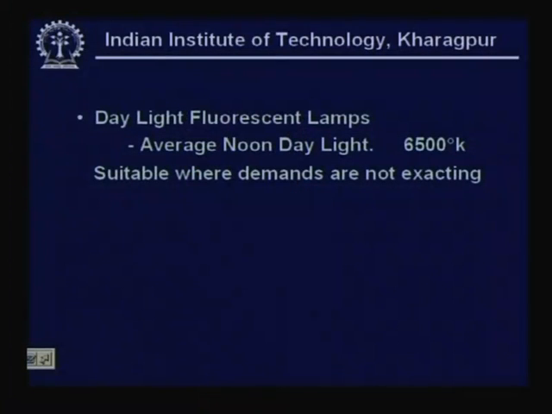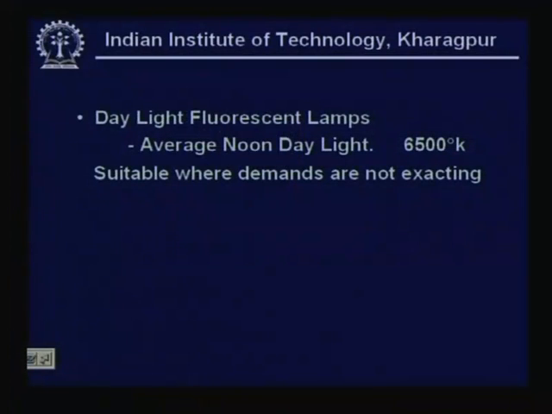Keeping this in mind, fluorescent lamps are available with different nomenclature. The first one is daylight fluorescent lamps. In fact, the idea is they are supposed to be having color temperature corresponding to average noonday light, hence they are called daylight fluorescent lamps. Remember, this is no longer a mercury vapor lamp in the earlier form.